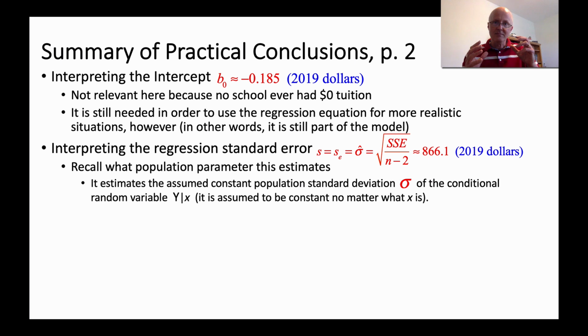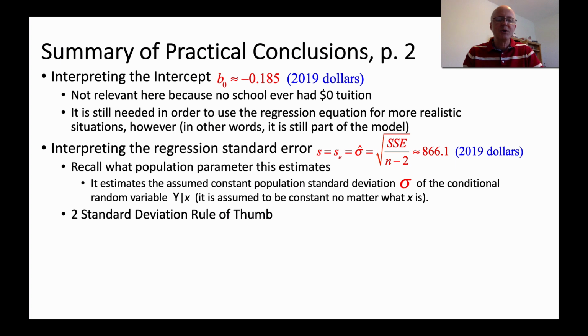So in the model, this is in the model, not necessarily in your final conclusions about things based on the sample, you have a population of data involving two variables, x and y, and you've got this regression line. It's a straight line. It's a population regression line, and you assume that for any given x, the variability in the y direction stays constant, that its standard deviation stays constant.